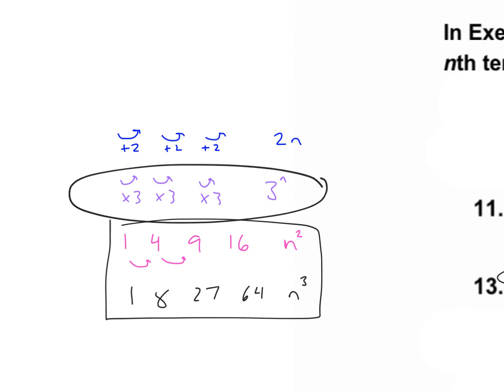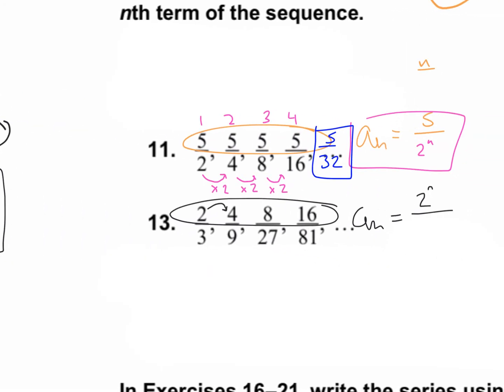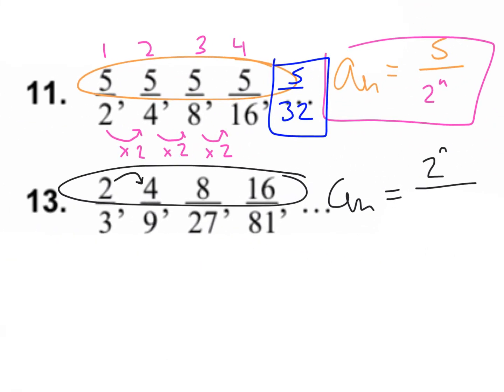What about for our denominator? What are we doing to get from 3 to 9? Multiplying by 3, and we are multiplying by 3, and multiplying by 3. So what's our denominator going to be? 3 to the power of n. Perfect.